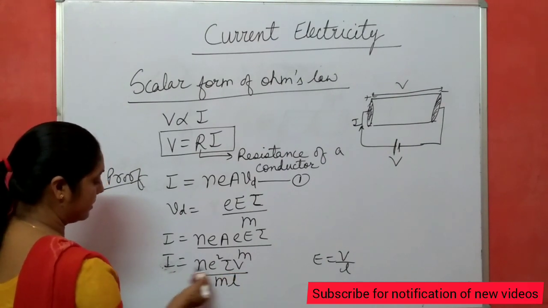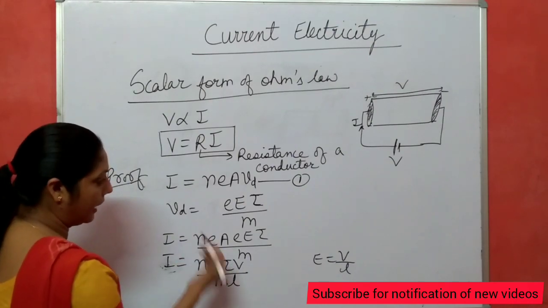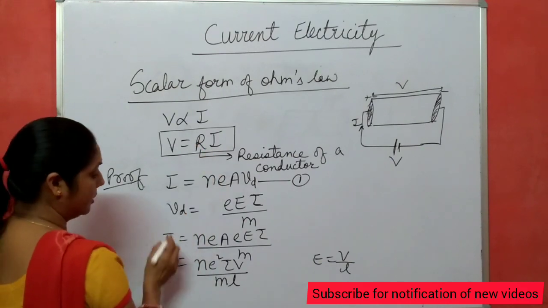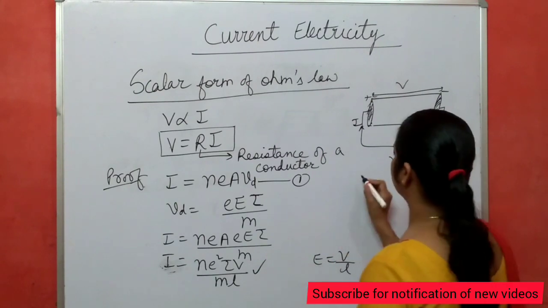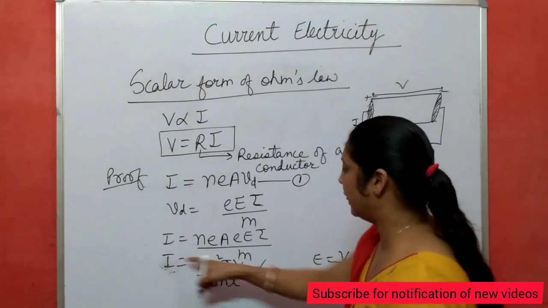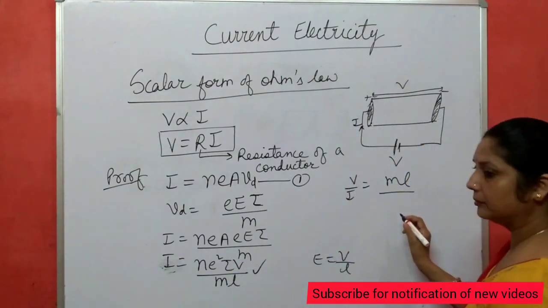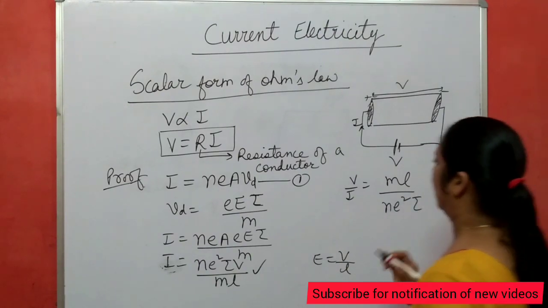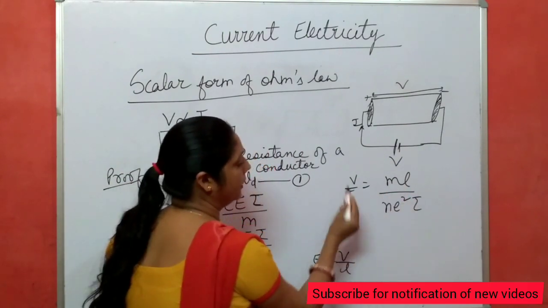Now arrange these two sides, you write V by I, because we want V by I, which is some constant. So from this equation, V by I becomes ML by NE square tau.